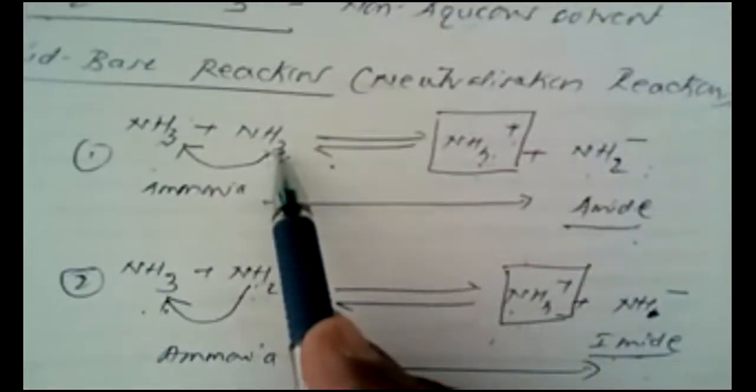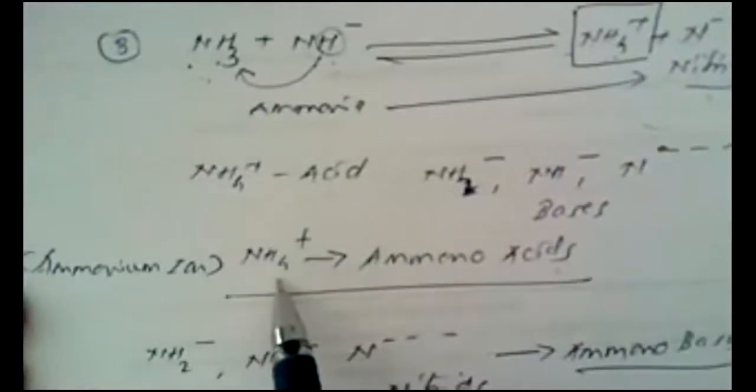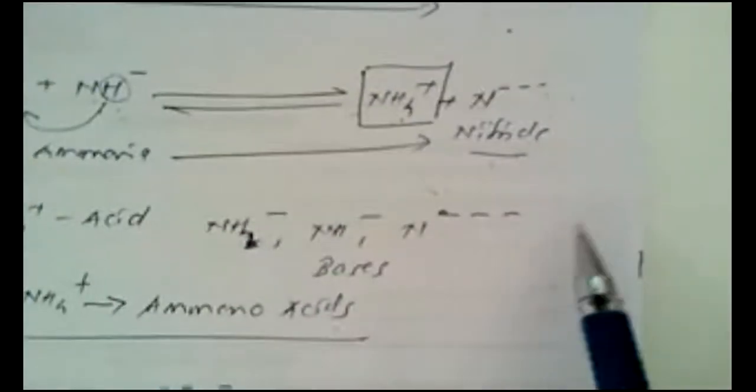So here N3 minus indicates that all three hydrogen atoms are replaced during the reaction, and hence it forms the nitride. So NH4 plus, a positively charged species, is known as an ammono acid, that is the ammonium ion, and the anionic parts thus formed, amide NH2 minus, imide NH minus, and nitride N3 minus, are known as ammono bases.